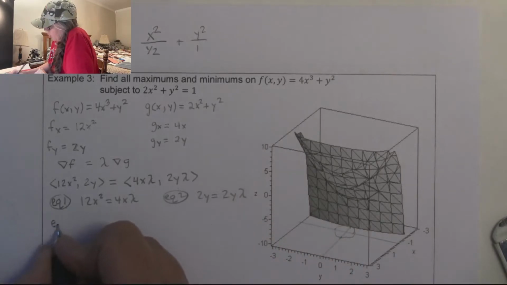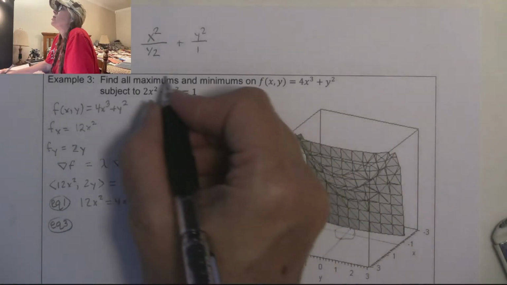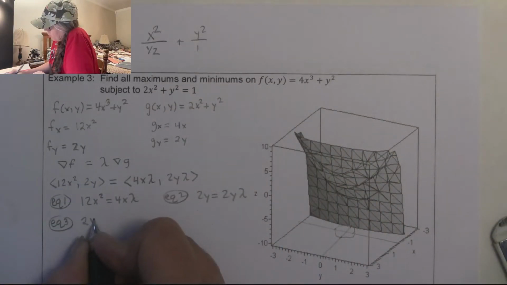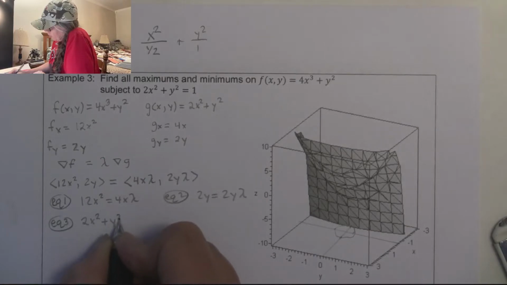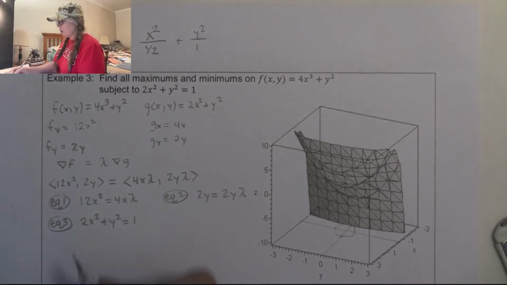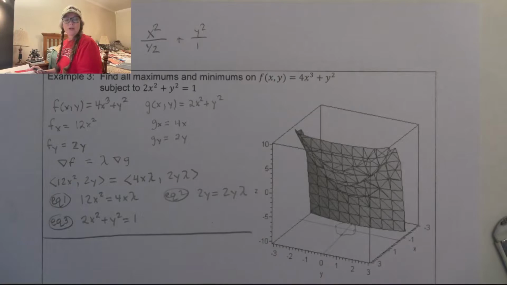And equation 3, which is my constraint equation, which is this one right here, equals 1. Okay, so now I'm trying to solve that system of equations. It's 3 equations, 3 unknowns. I don't really care about knowing lambda, but if knowing lambda helps me, then I'm willing to know lambda.